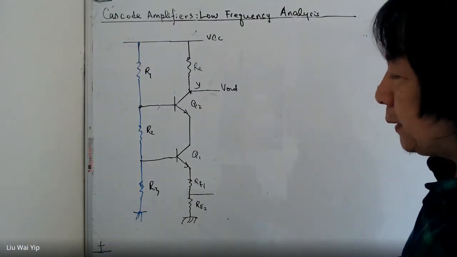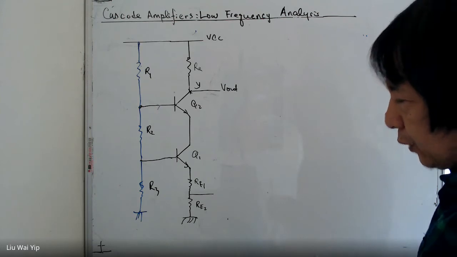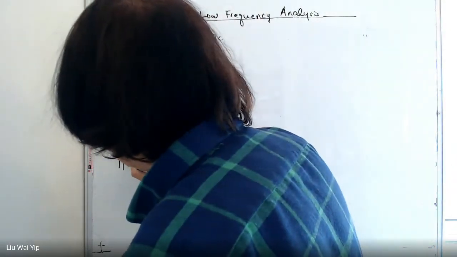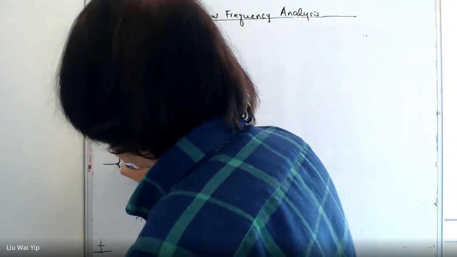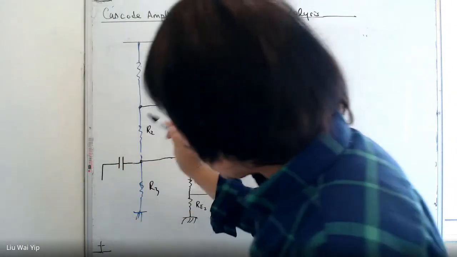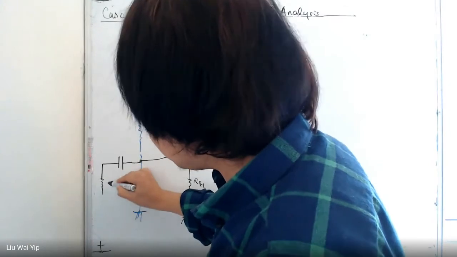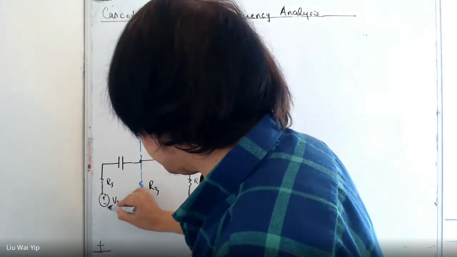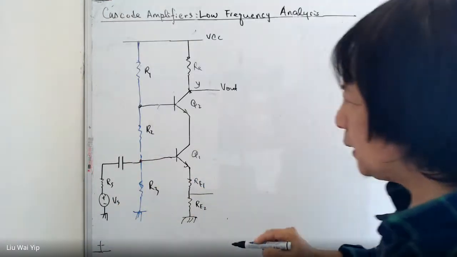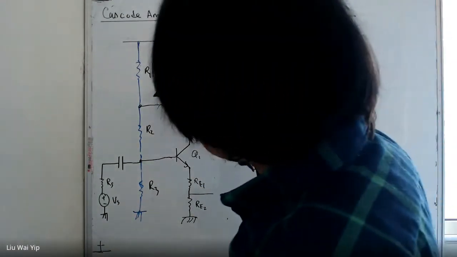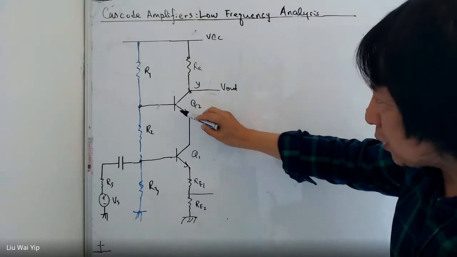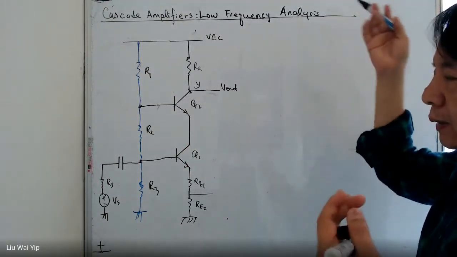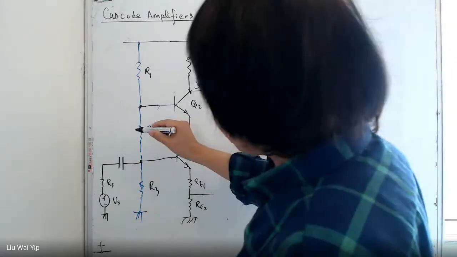And the input is to be fed through a coupling capacitor, like this one here. You also need to account for the wire resistance, RS here, and VS. The base of Q2 is to be connected to ground, just like in other common base amplifiers.